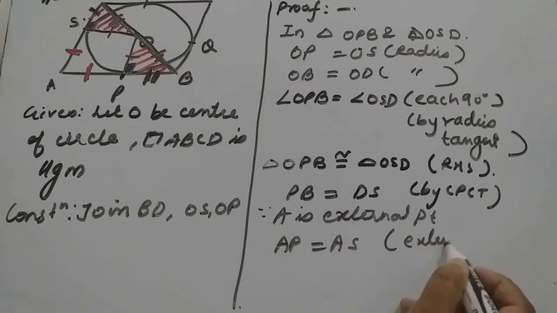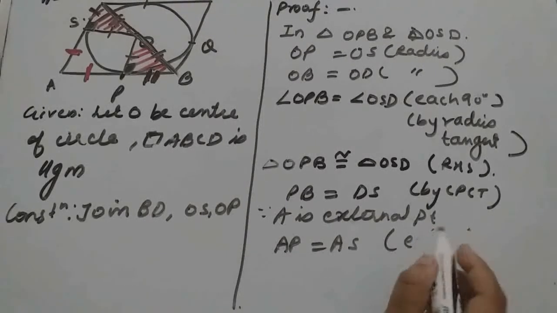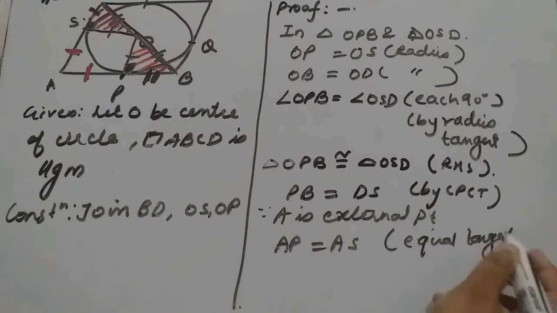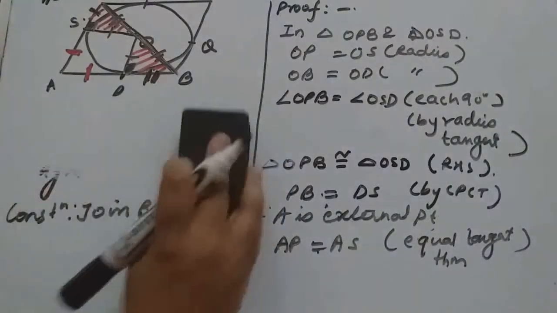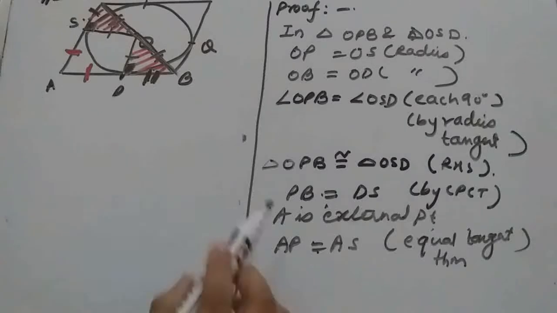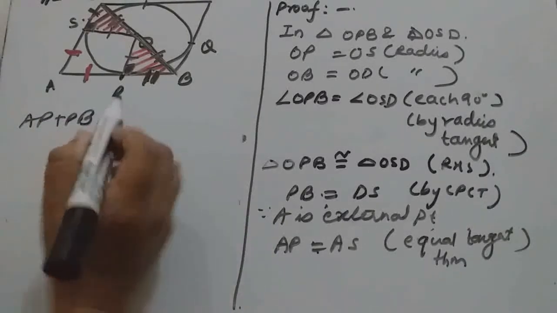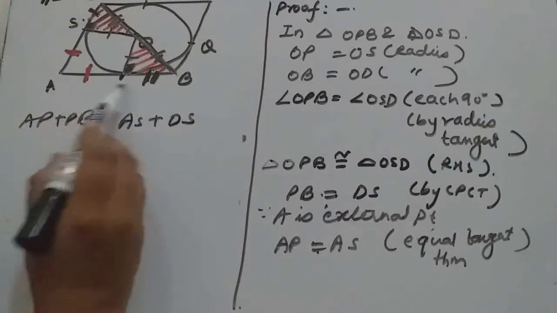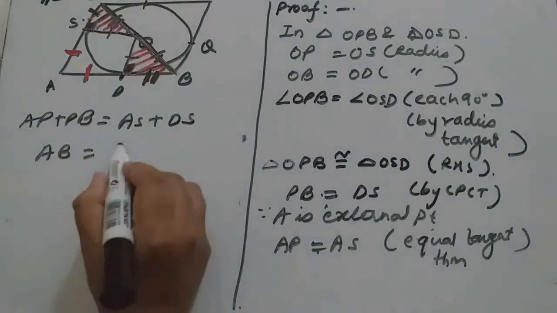Now if we add these two, we will get AP plus PB and AS plus DS. So AP plus PB is AB, and AS plus DS is AD.